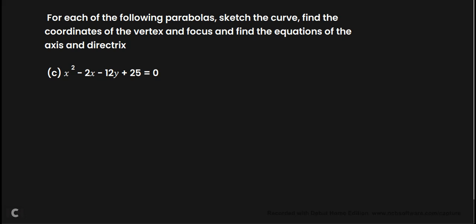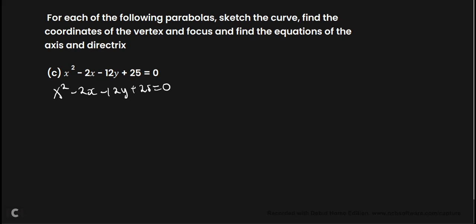So on this part, you have been given the general equation: x squared minus 2x minus 12y plus 25 equal to 0. So in this situation, what do you really do?